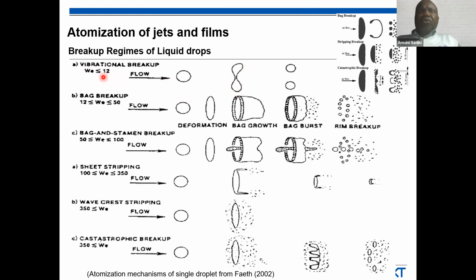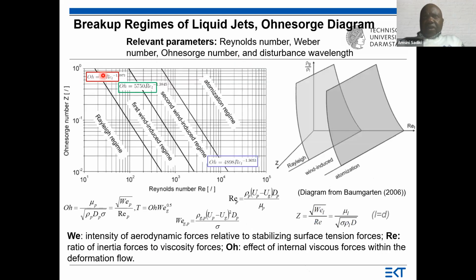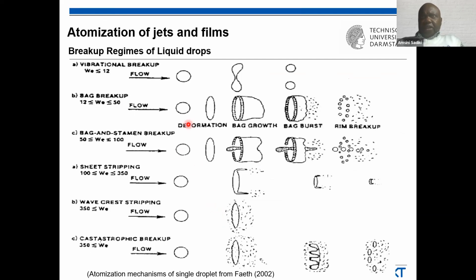And for small Weber number, this means that the relative velocity is not very high. Then we have the so-called vibrational breakup. This can lead to this disintegration.